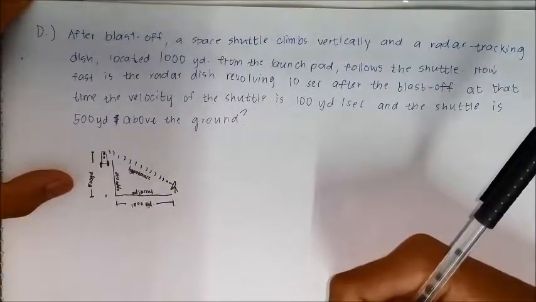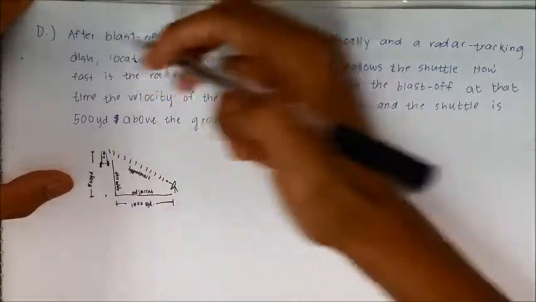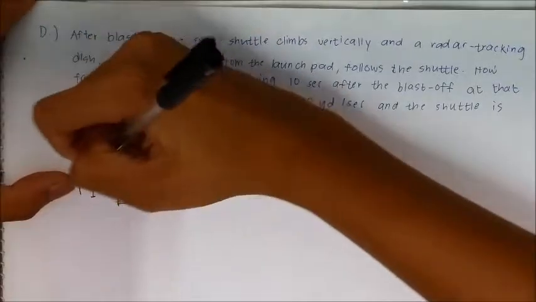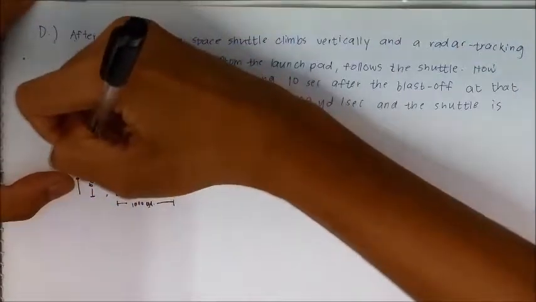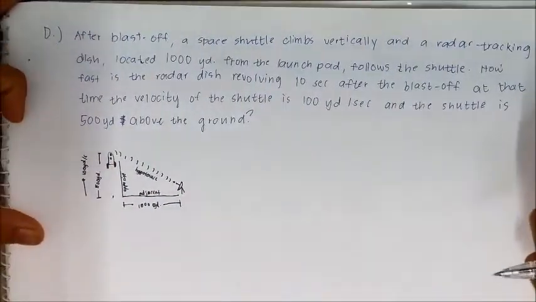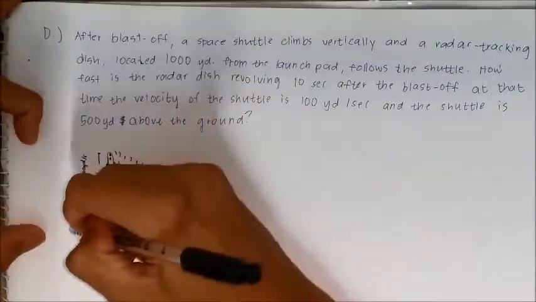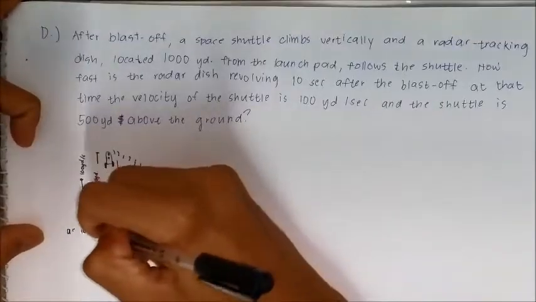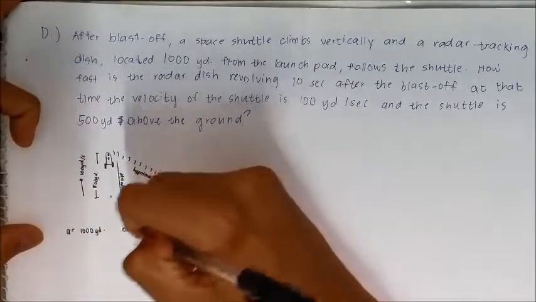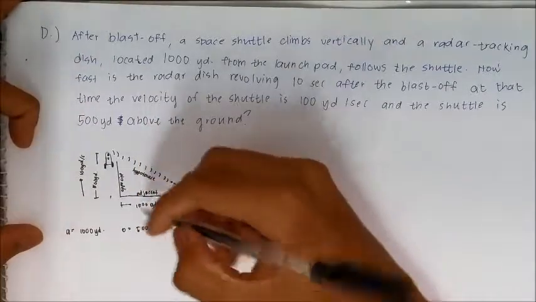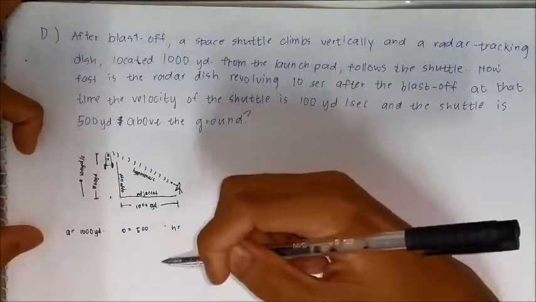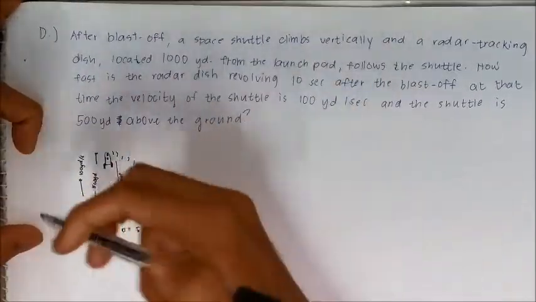Now it says that the space shuttle is rising at the rate of 100 yards per second. For simplicity, we'll label the adjacent as A, which is 1,000 yards, the opposite as O, which is 500 yards, and the hypotenuse as H. We do not know the hypotenuse at the moment.